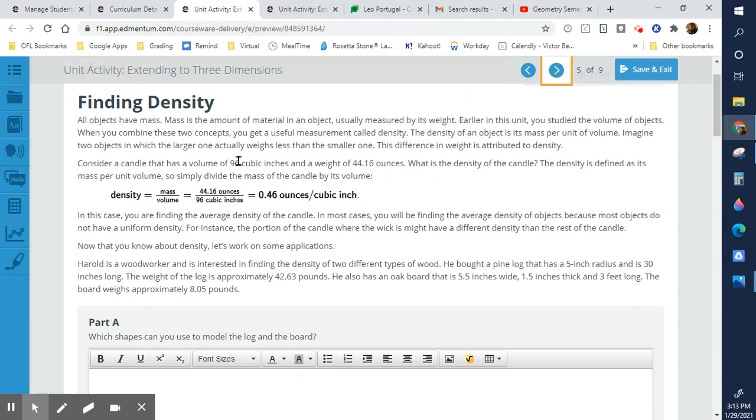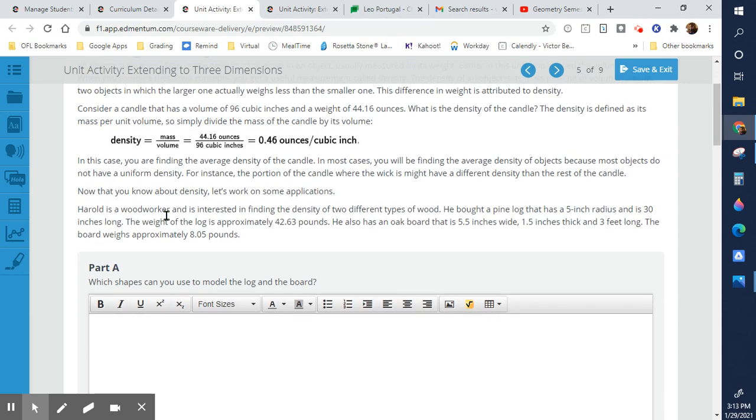Mass is weight. Mass should be in kilograms, but they're doing it as a form of weight for this project. We don't need to get into the physics of it, but we do need to know that mass is basically weight. So we're doing the weight divided by the volume.